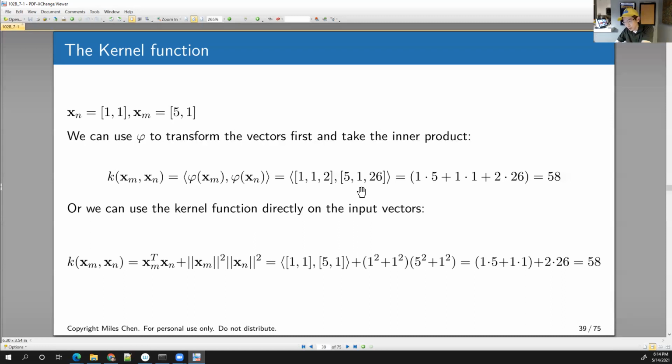You do the inner product in 3D and you get this result. But you can actually get the same result just by using this kernel function. There's often some equivalent kernel function. Now, I guess not every transformation function has an equivalent kernel function, but the ones we're going to look at do. And not every kernel function has a transformation function that we can express easily.